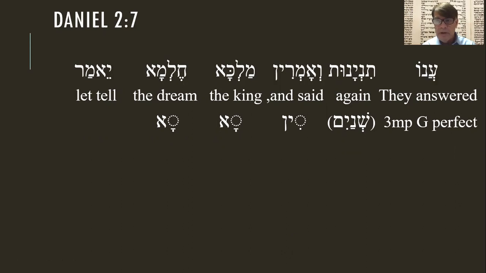We call it the call stem in Hebrew, or if you say G, you can go across several Semitic languages and still call it the G stem or the Grundstamm. In Aramaic, we call this stem the pa'al stem, but this is a G perfect. Perfect adds stuff on the front usually, but not in the third person as much.